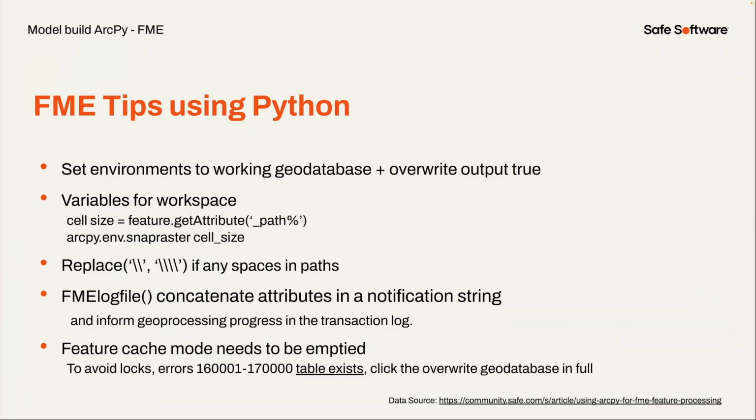I also found over time that using the log file object to concatenate attributes was pretty helpful, because I could pass that back from some of the geoprocessing steps at runtime through to the transaction log in FME. So I knew when features were being rasterized and when they were being converted back to vector.